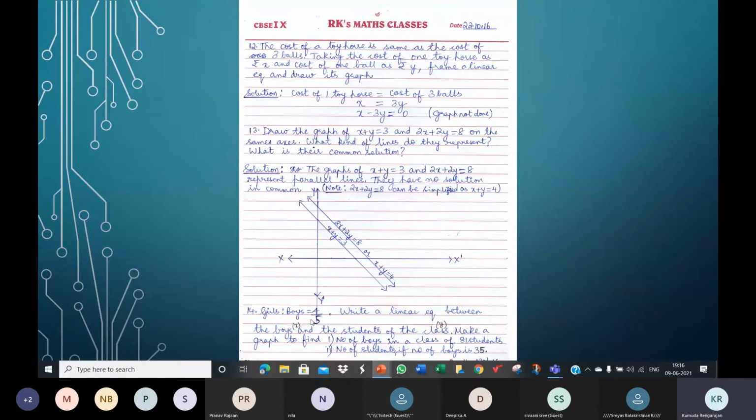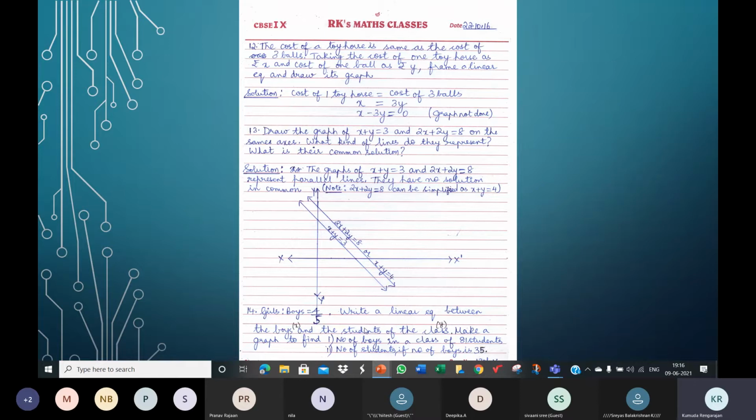The ratio of girls to boys is 4:5. Write a linear equation between the boys and the number of students of the class. You need to take the boys as x and the number of students as y. So the equation will be x by y, because you take boys as x, students as y. Boys represent 5 parts, and the total number of students is 4 plus 5, 9 parts.